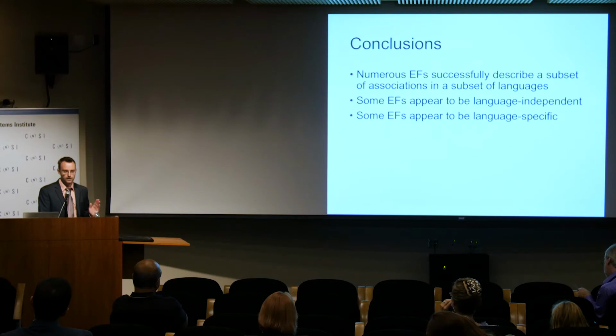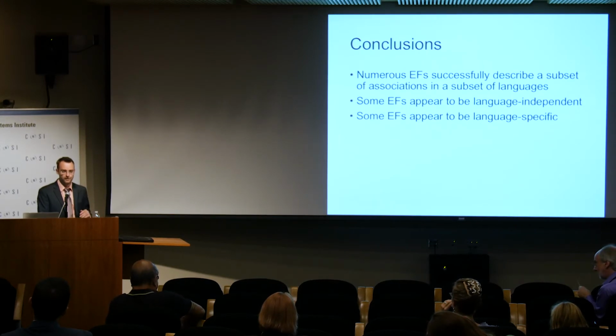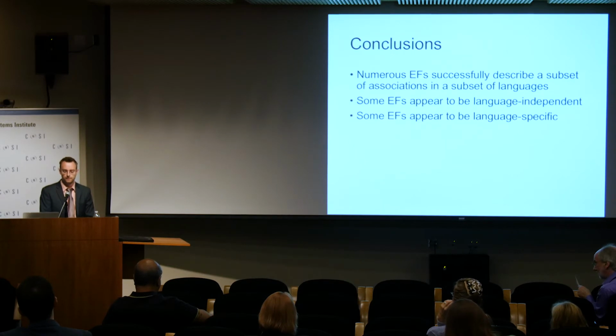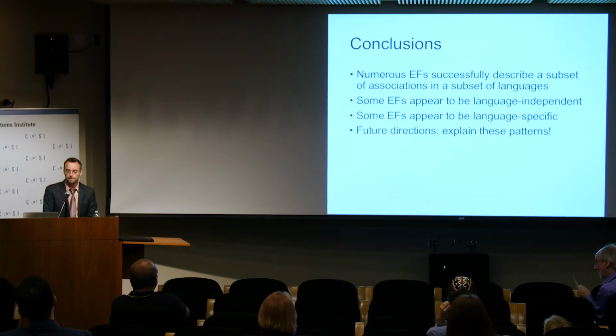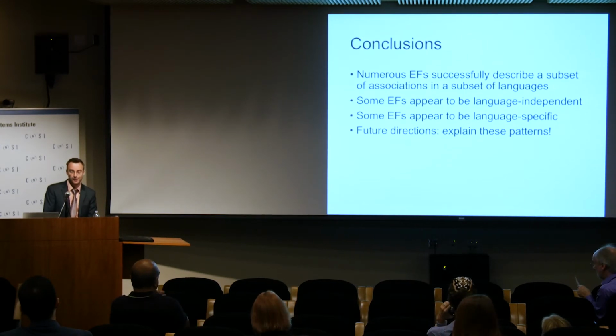They can describe successfully some subset of associations in all the languages we look at. Some of them appear to be language specific, so some subset of associations in some subset of languages, or in one language even. And in the future, let's try to explain that.